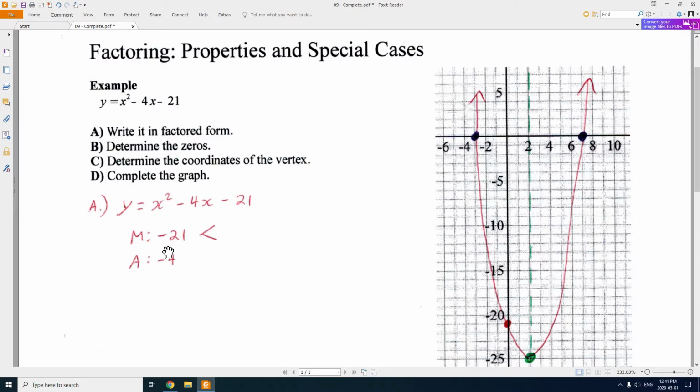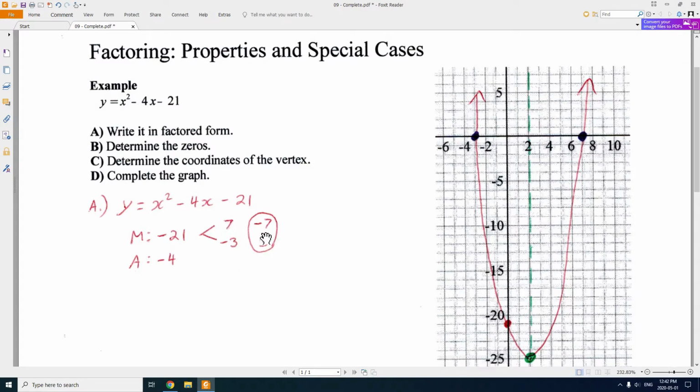If you're not sure, just start with the multiplying, make a big list. Two numbers that multiply to -21. -21 times 1. 21 times -1. -7 times 3. 7 times -3. Make that big list. Choose the ones that add to -4.